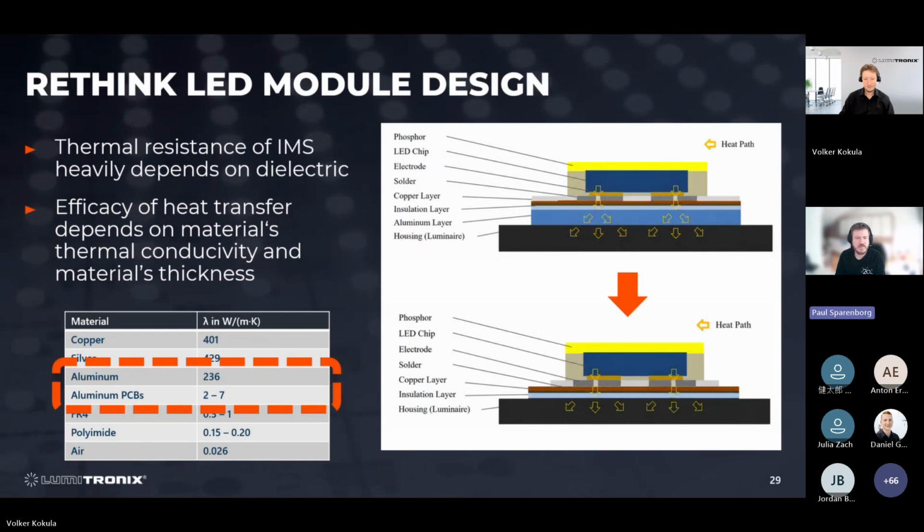Thank you very much, Volker, for the very detailed presentation. I think it might have become very much more clear why flexible PCBs with a very, very little thickness of the PCB base material offer a very good option to create PCB design with a very low thermal resistance.